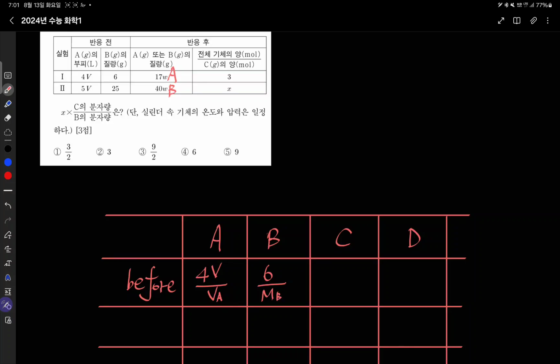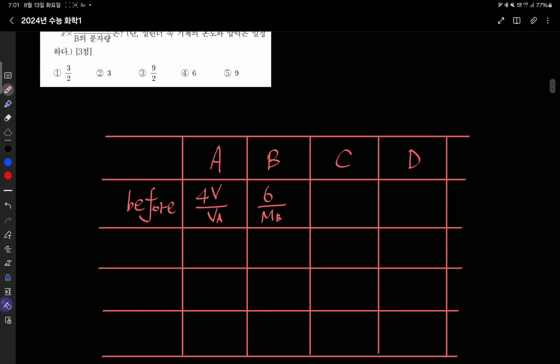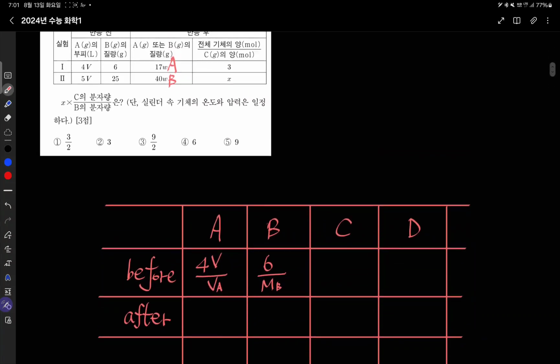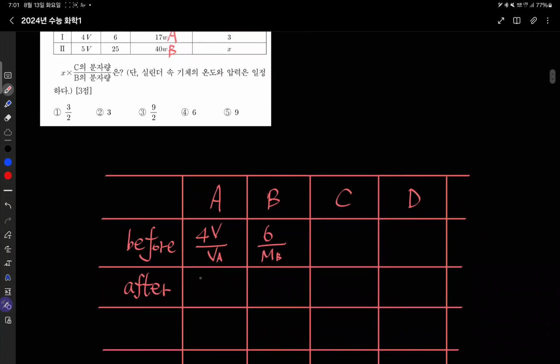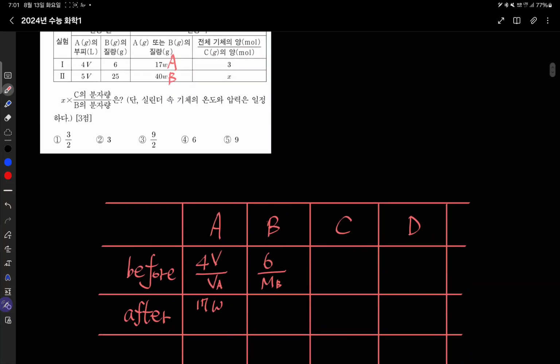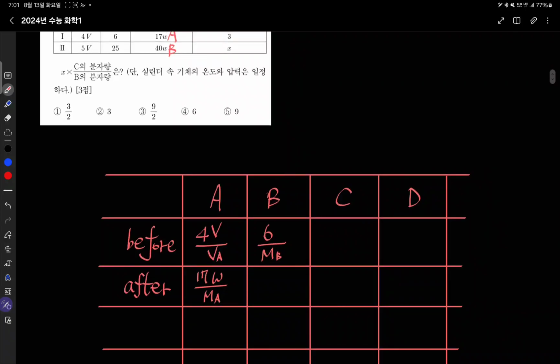And after the experiment, the leftover is A, so 17W divided by molecular weight of A. And B is all consumed in the first experiment.